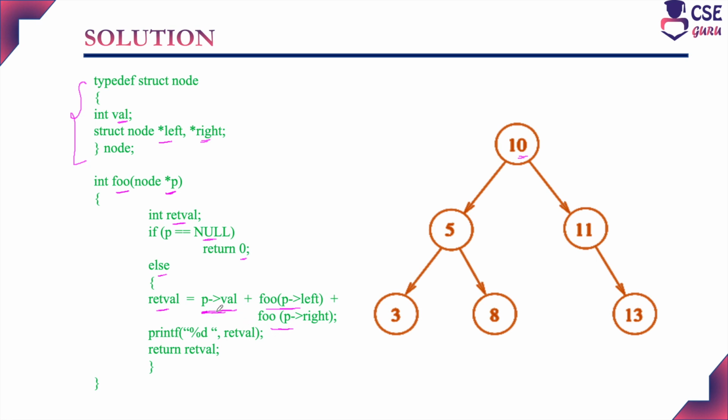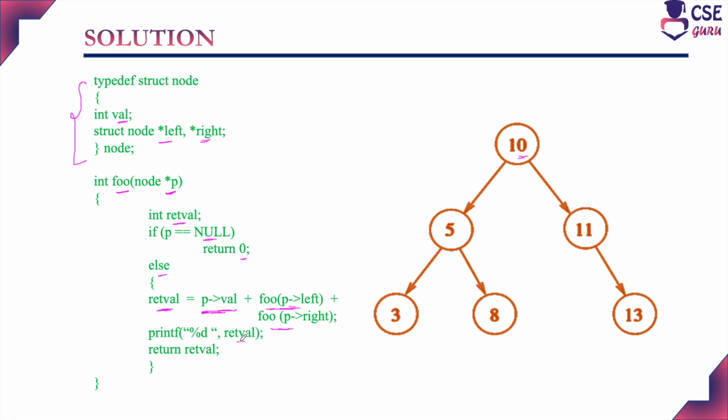So what is the value present with that node, plus we have to find the result of the left node by implementing the same function, plus the result of the right node. So this is a recursive function. The function calls itself. Then we will get the return value.